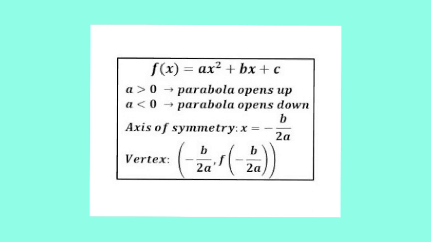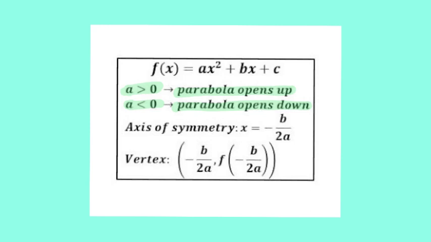If a quadratic is written in the general form, you can derive the following information. If a is greater than 0, the parabola opens upwards. It looks like a U. If a is less than 0, the parabola opens down.